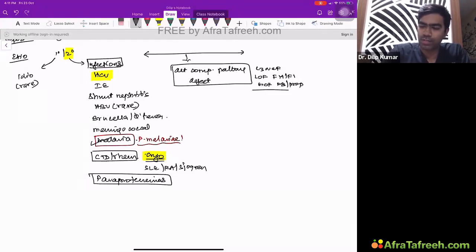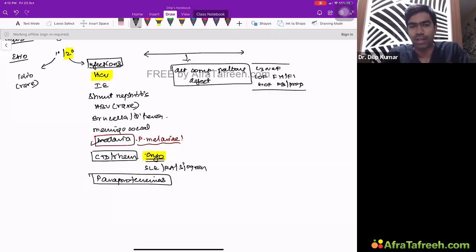These are the reasons why you can get a problem in this situation. And if you take complement-mediated MPGN, one important thing that differentiates type 2 and type 3 MPGN is only the electron microscopy. If you don't have electron microscopy or immunofluorescence, you cannot differentiate this complement-mediated MPGN. Both of them will have low C3.